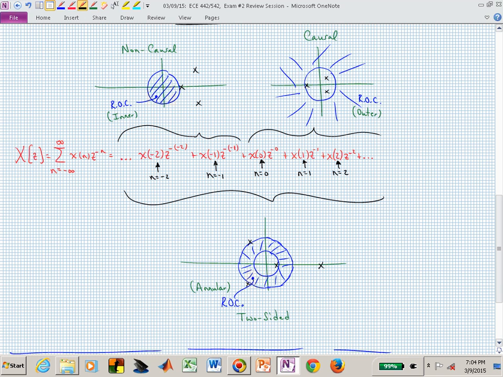If you picked a convenient value of z in this upper left region of convergence, let's say the origin at z equals 0, then those terms on the right would cause that capital X of z to go unbounded or to be non-existent, because you're now dividing by 0. And that's why this inner region of convergence is really associated with this left-sided time domain behavior.